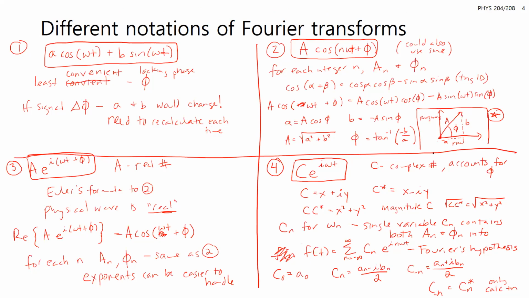If you have a phase change, we'll talk about this in a later slide, how this shifts. Keep this figure in mind for all of these notations. I'll show in a later slide how A, B, uppercase A, and phi will change based on how your signal is changing.